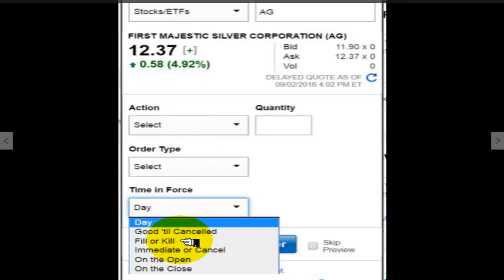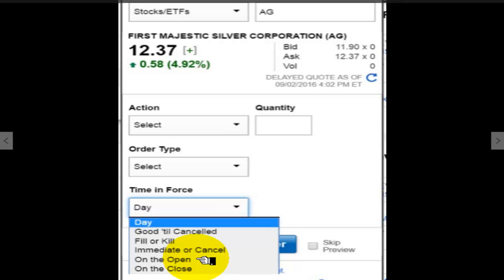Fill or kill means if you can't do all 10,000, then just forget the order. I want to do all 10,000 or nothing. That's the fill or kill. Immediate or cancel is pretty much the same thing. You're saying I want to do whatever the action is immediately, and if you can't get it done, then just forget it.